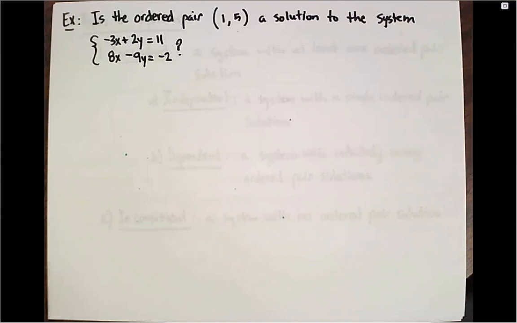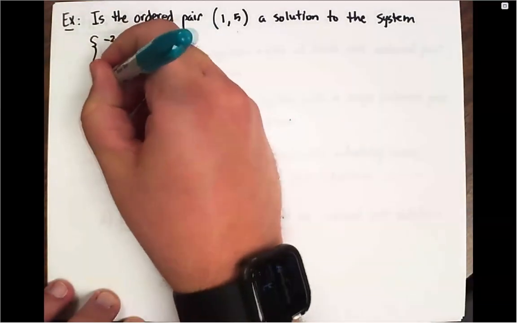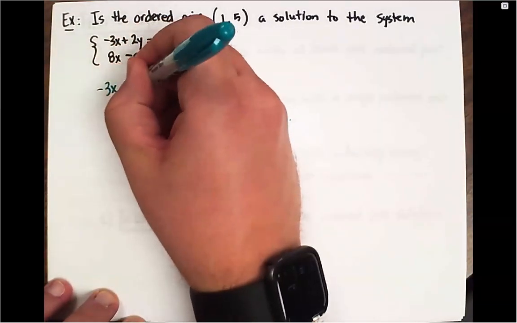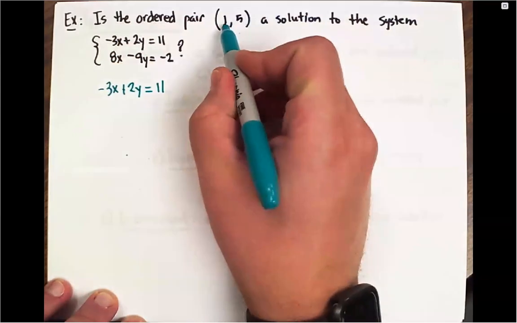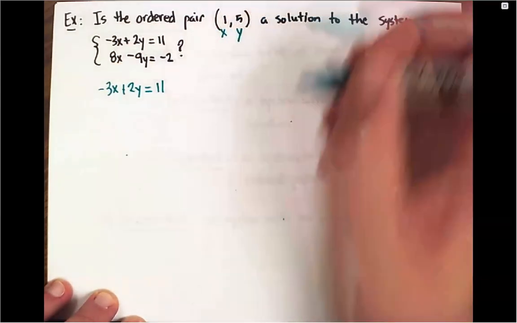What about this? Is (1, 5) a solution to this system? Negative 3x plus 2y equals 11, and 8x minus 9y equals negative 2. Let's find out. For negative 3x plus 2y equals 11, 1 is my x and 5 is my y.